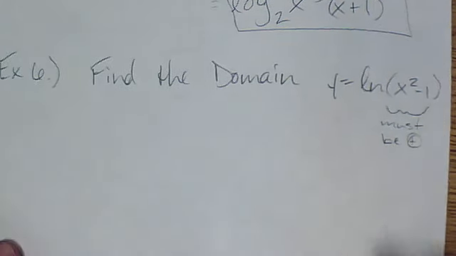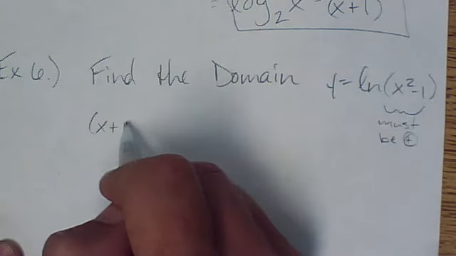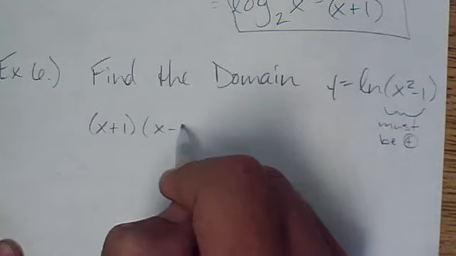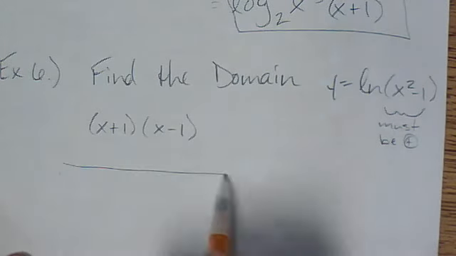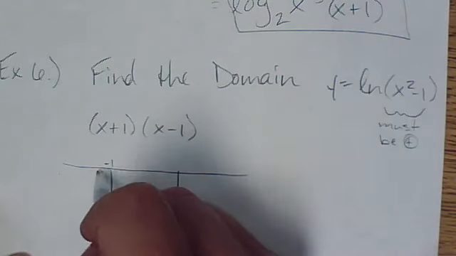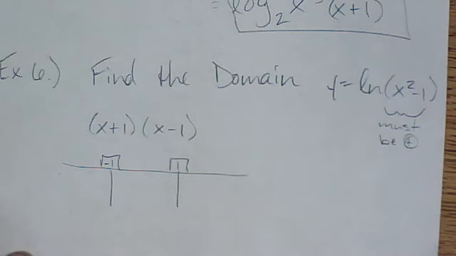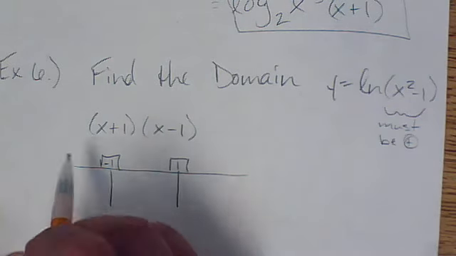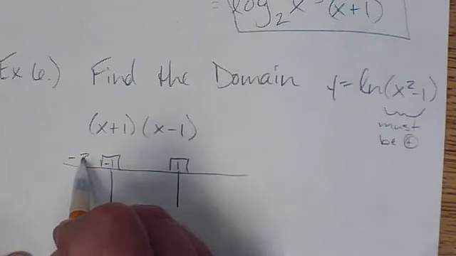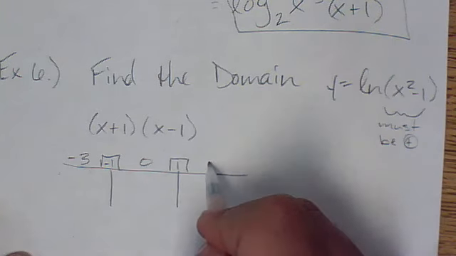Okay, so we're going to use our little sign chart. x squared minus 1 is (x plus 1)(x minus 1). And remember, you put your little zeros, those are your key points: negative 1 and positive 1. So remember, I can choose any number less than negative 1, any number between negative 1 and 1, and any number greater than 1.